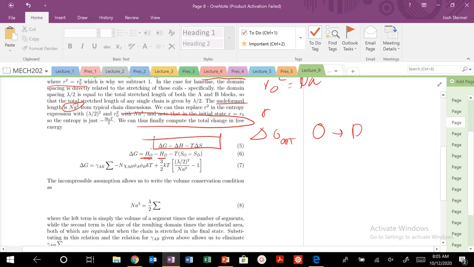The ordered state, this was the term right here, just our interfacial energy. The disordered state comes from our Flory-Huggins theory, in that mixed state. So this is the contribution when we're mixed in the disordered state. And this is just your delta S, your stretching term, right here.